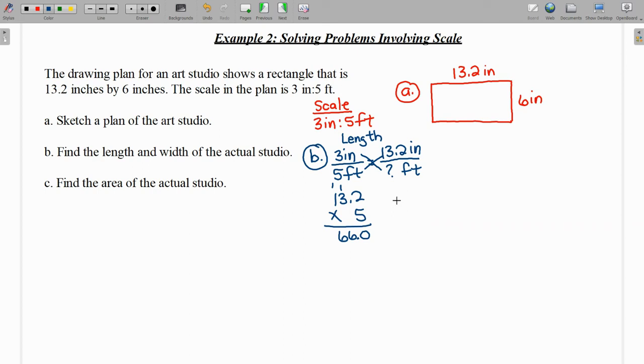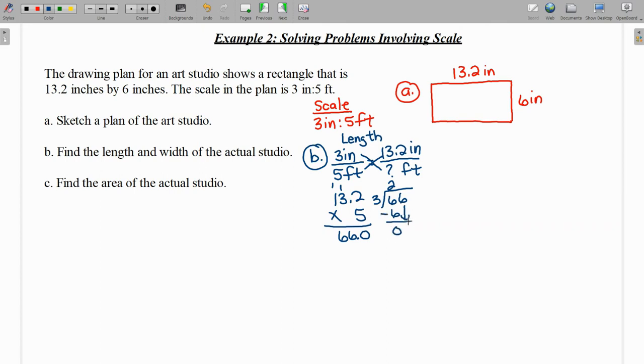Now, from here, I'm next going to divide by the number that I have left over that I didn't use. So I multiplied with the 13.2 and the 5 already. I've used those, so I just forget about them. And I'm now going to divide 66 by 3. Now, 3 goes into 6 2 times. So 3 times 2 gives me 6. 6 minus 6 is going to give me 0.